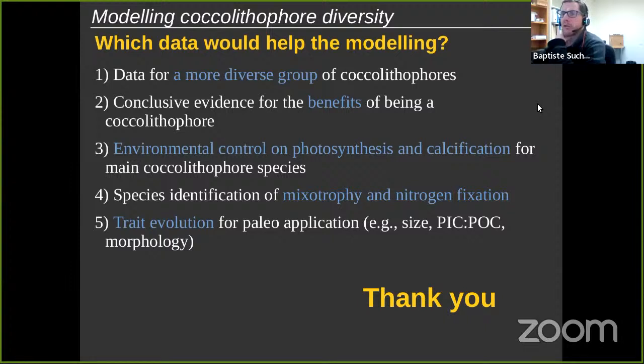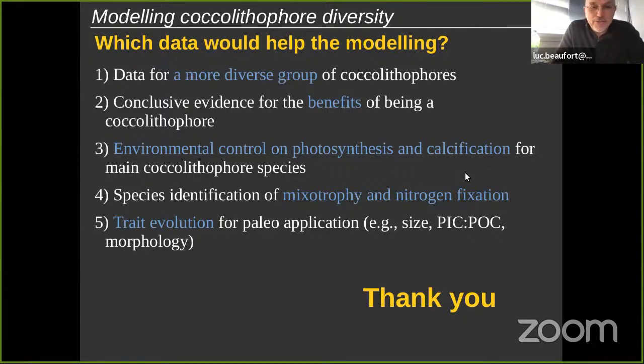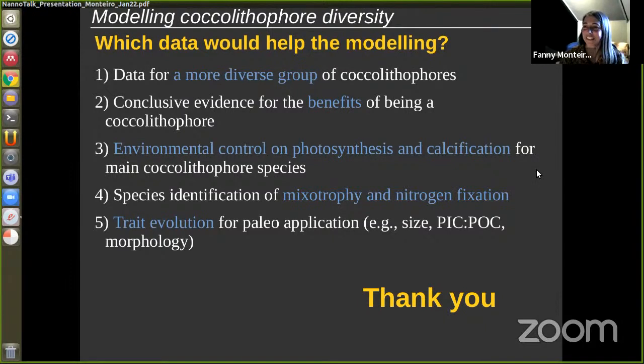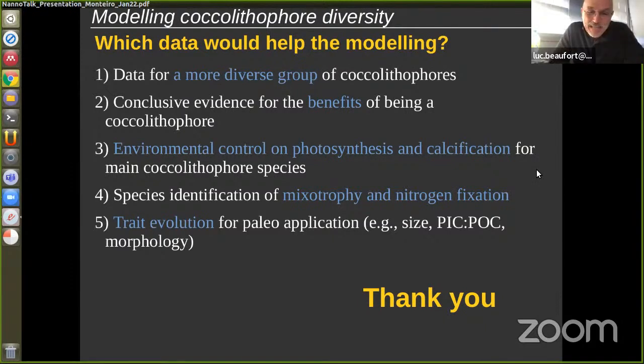Okay, Luc was raising his hand, so I give you the floor. Yeah, thank you, Fanny, for this beautiful talk. Very interesting, and I really liked it. The question was very similar to Jeremy's, and he already asked one part of it.